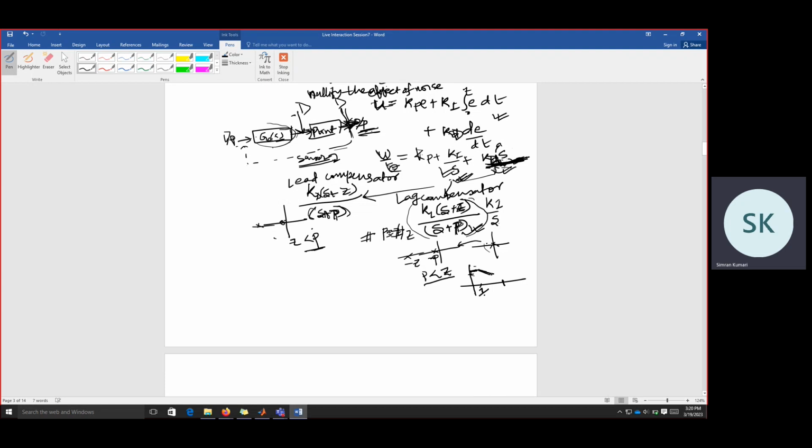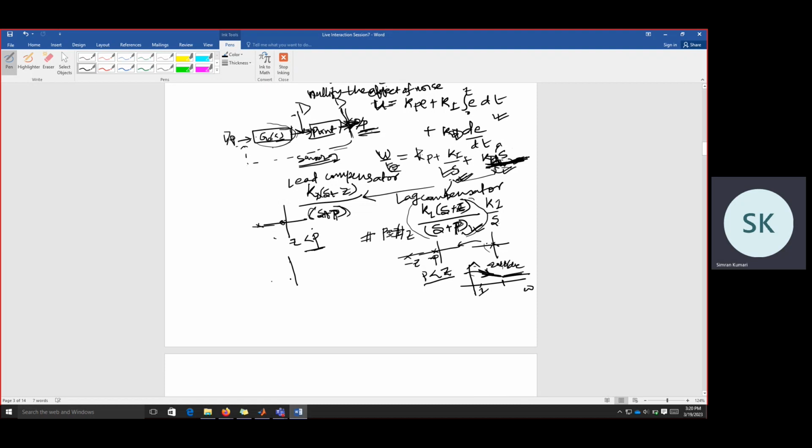Decay means the gain will reduce by minus 20 dB per decade. And then because of the zero, we have minus 20 plus 20, so a constant line in the frequency domain.